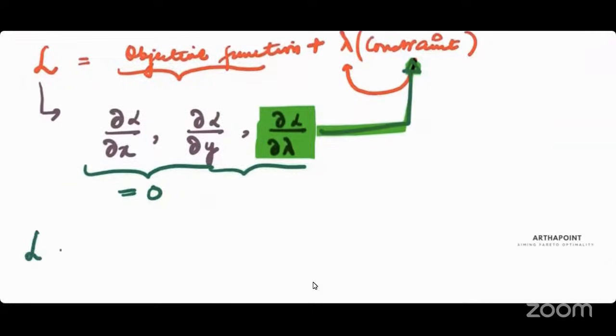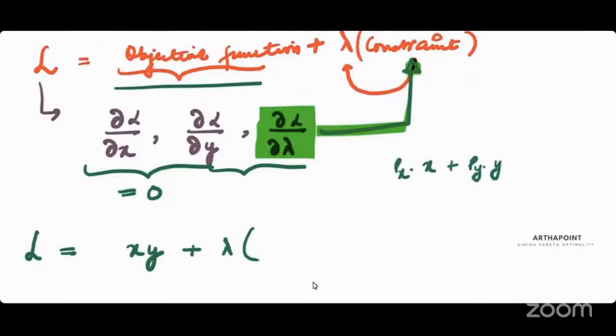So I form a Lagrange. The objective function is the utility function plus lambda. My constraint was px into x plus py into y is equal to income. In order to rewrite the constraint inside the bracket, you always bring this side on the other side.